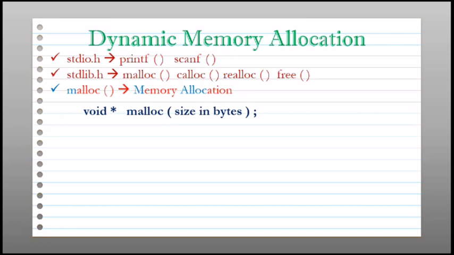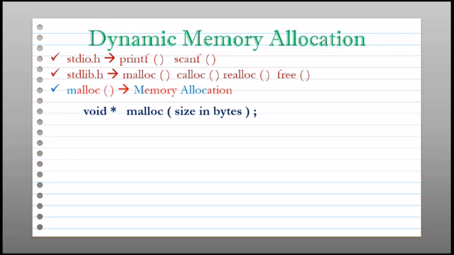If you see the return type, instead of using data types like int or float, the return type is void. So why is the return type void used? Basically void is a generic data type and it can be converted into any data type later on by using the typecasting method.